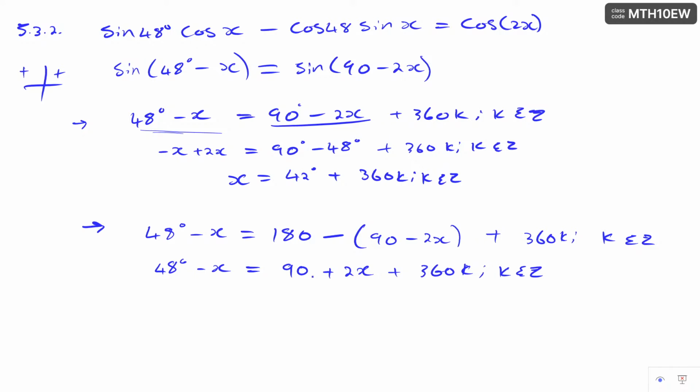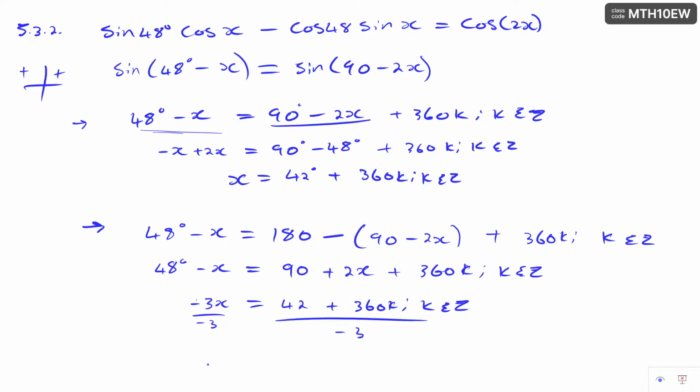So now let's take the like terms. So this one is going to be negative 3x. This one, when it comes inside, is going to be 42 plus 360k, where k is an element of the integers. So we need to divide by negative 3, also divide here by negative 3.